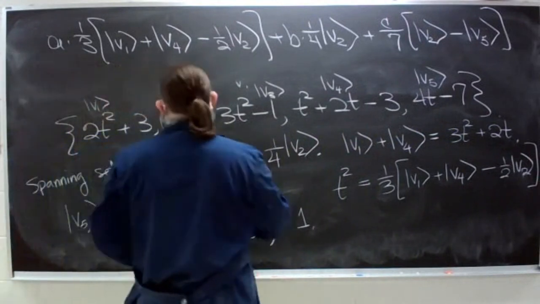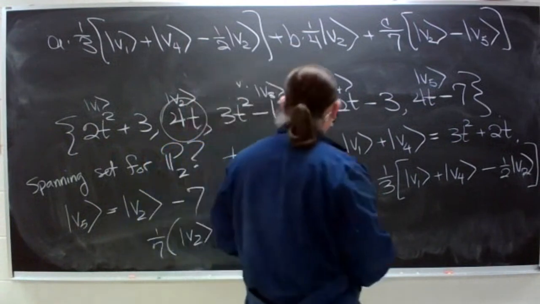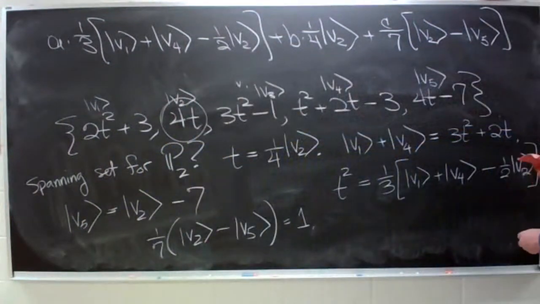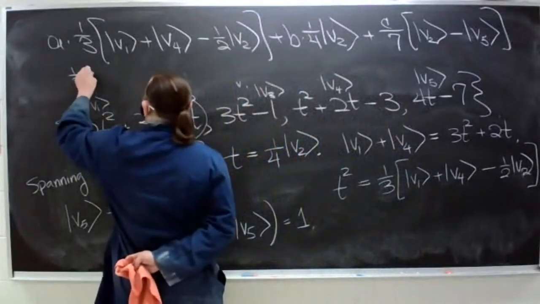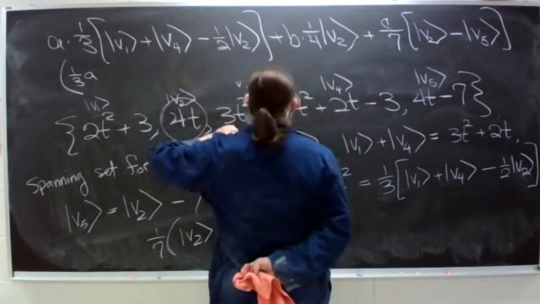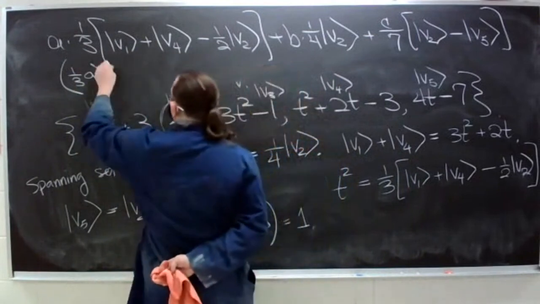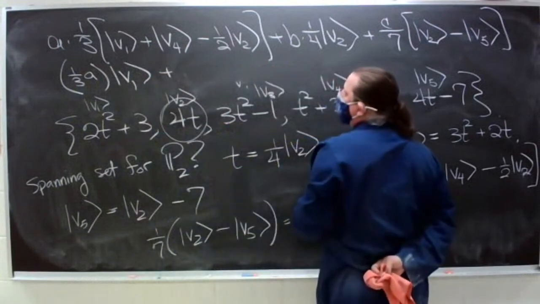And so, if I wanted to, I could distribute and write all this out in terms of the v's. So I could have 1/3 A, that's the v1. What about the v2?